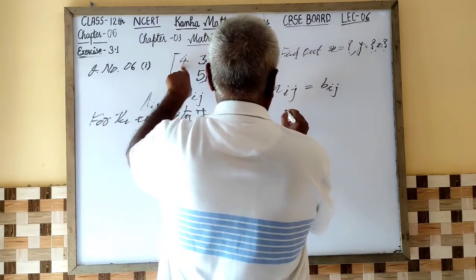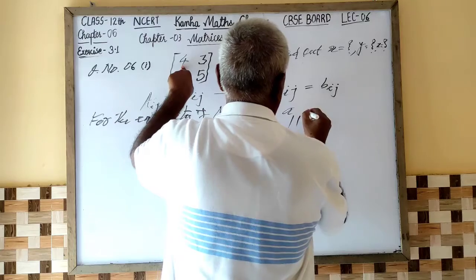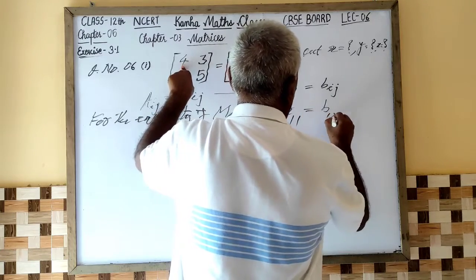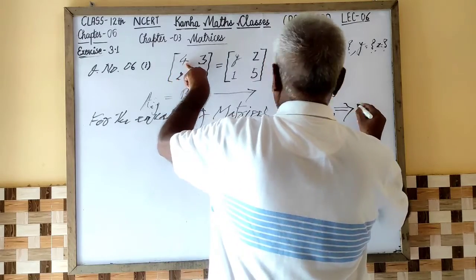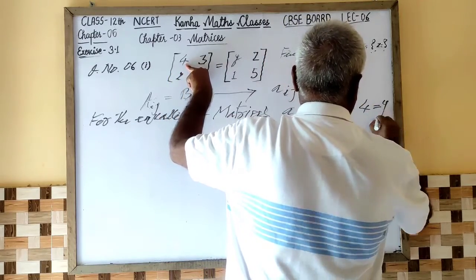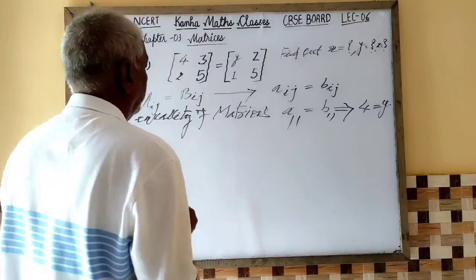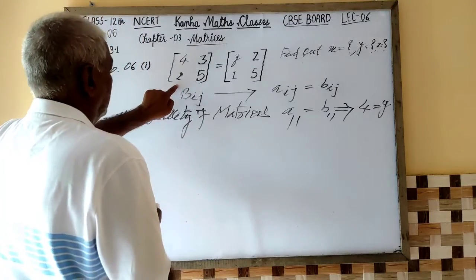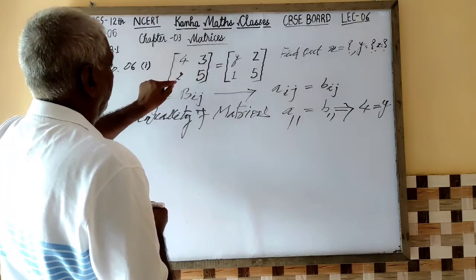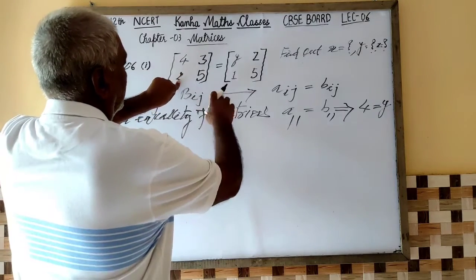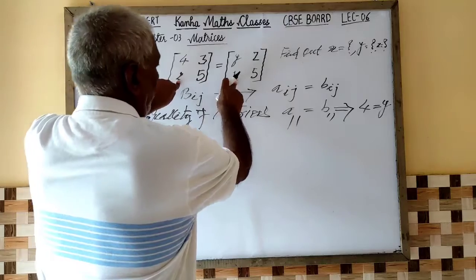A11 is equal to B11. This implies that 4 is equal to y. In the same way, A21 is x and B21 is 1.